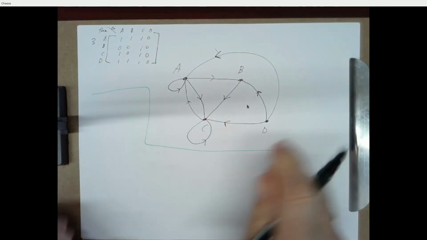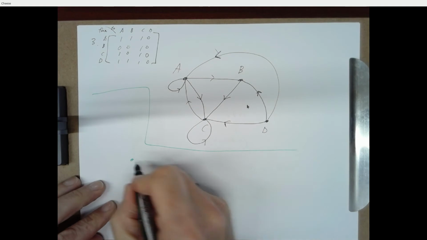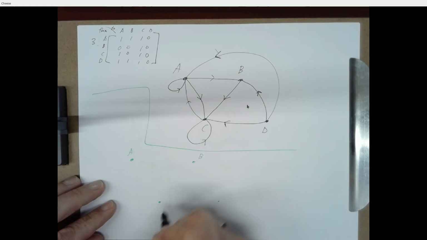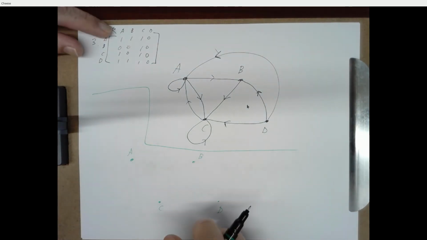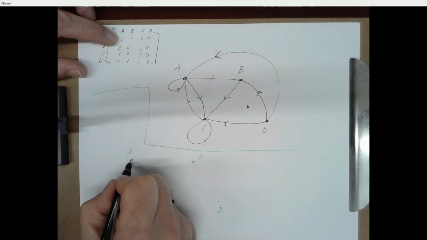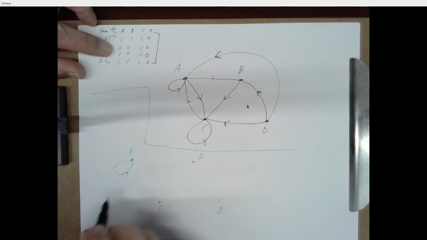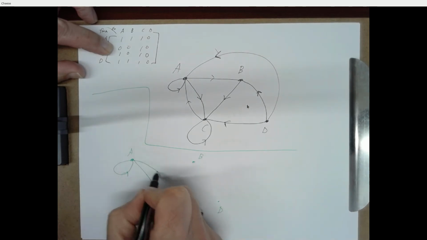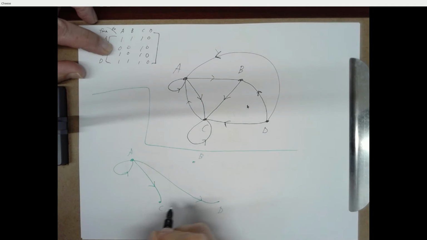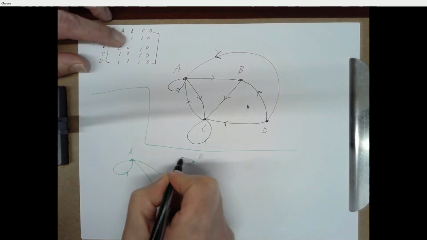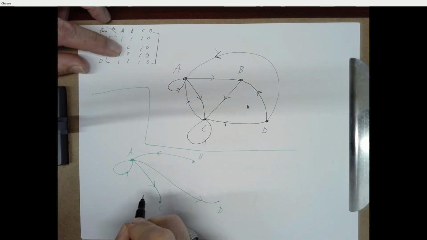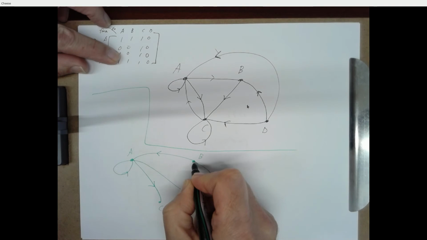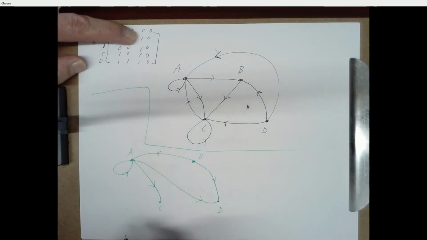Now let's just try it in the other direction. So let's suppose this is from on top and to on bottom. So A still goes to A, and it also goes to C and D. B will go to A, and B goes to D. C goes everywhere.